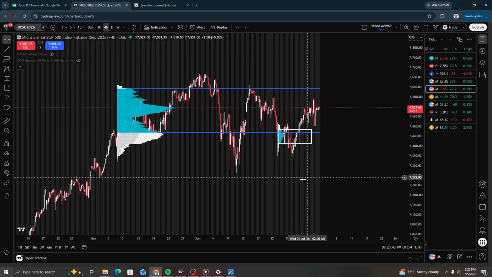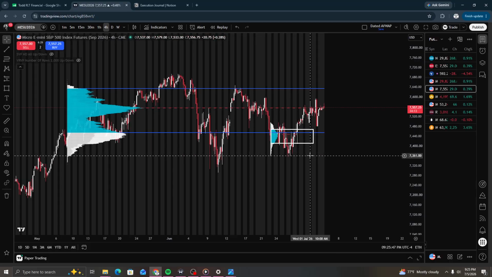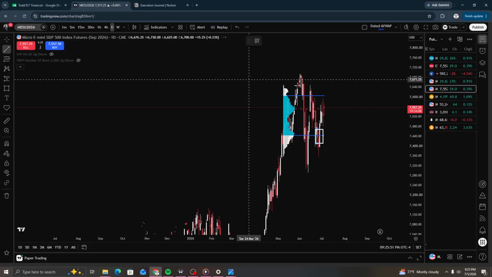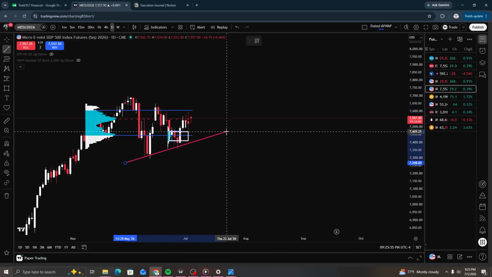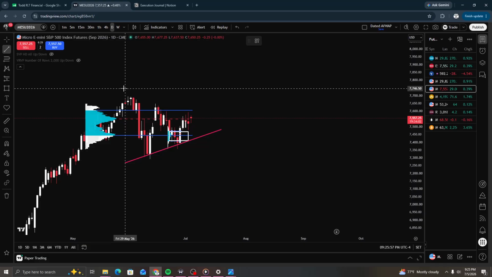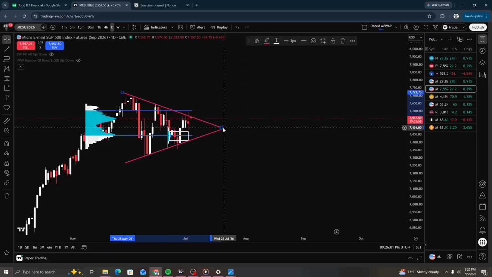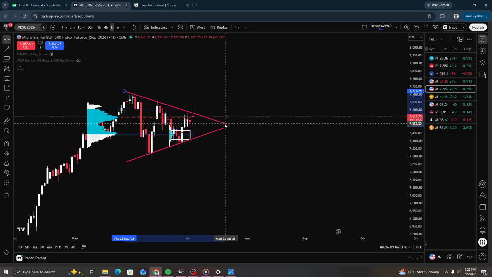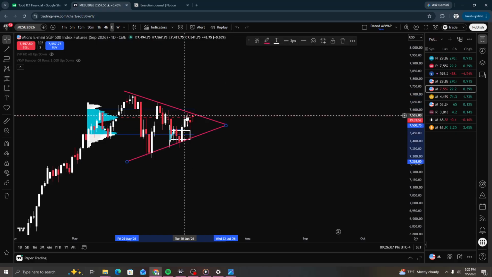Which looks a little cleaner to the upside. But I mean, same concept here. I would just be cautious of trying to play that break above.